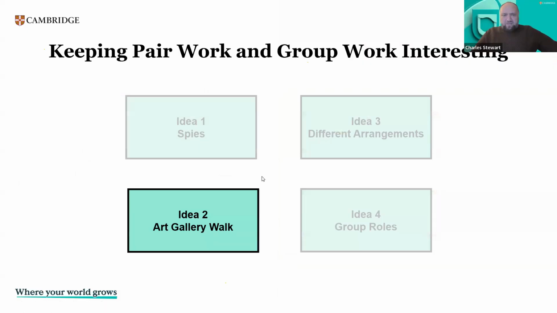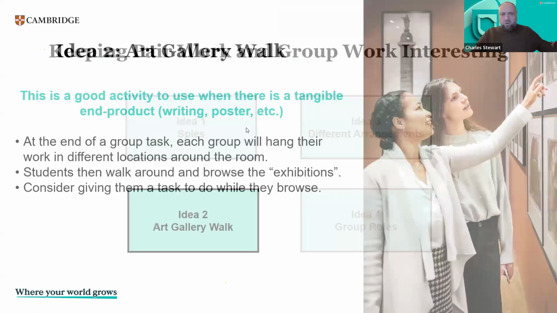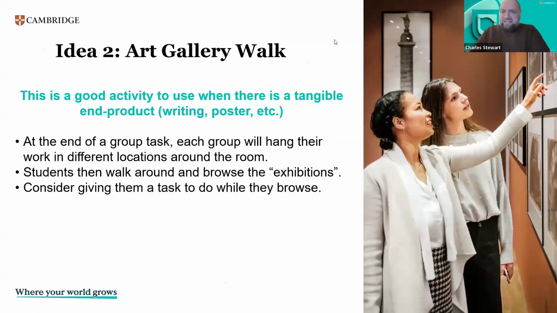Another idea that several of you may use in your own classroom involves something called an art gallery walk. Now, this activity is when there is something at the end that's tangible. So imagine that they're doing, for example, a piece of writing together. They're writing a story. You would use this whenever there's a story at the end that you could take and use.